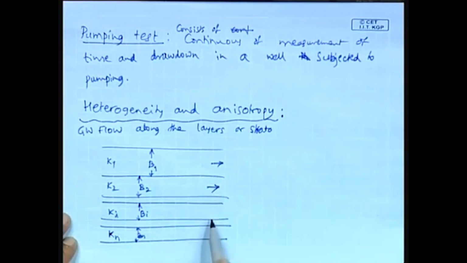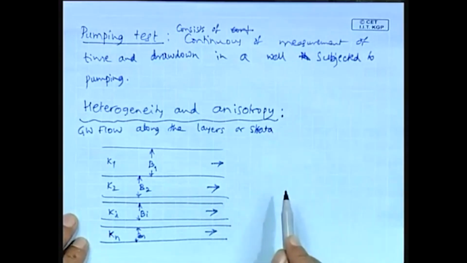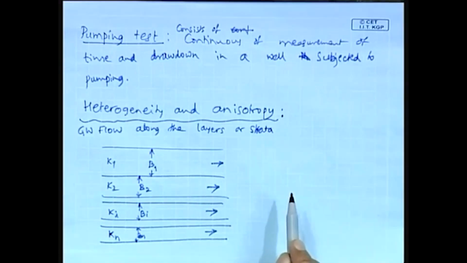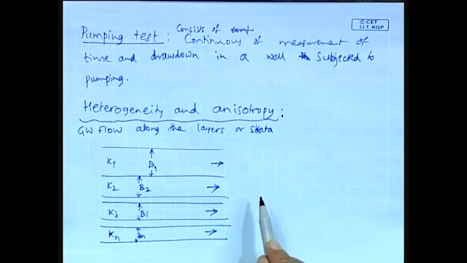Okay. And in all this, let the flow be along the layers or along the strata. So, this is a case of heterogeneous aquifer.